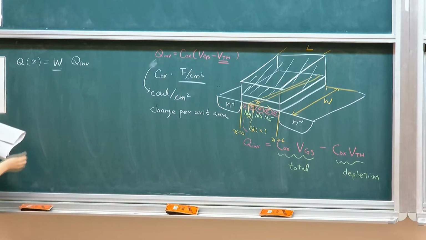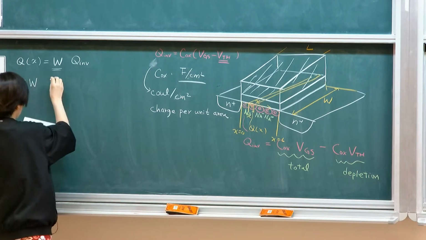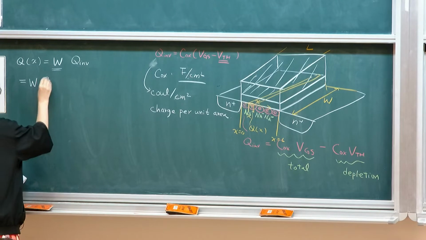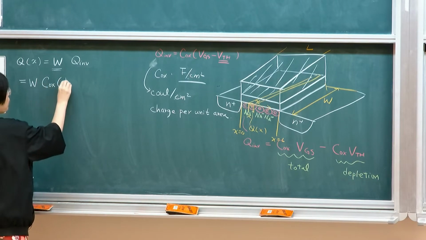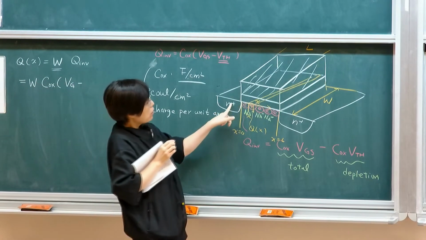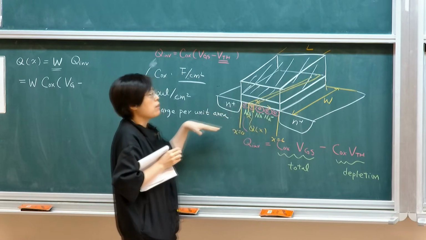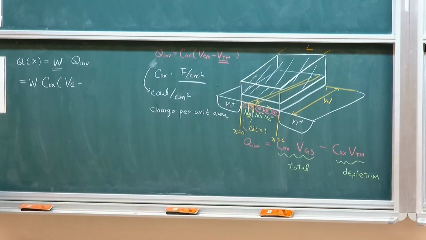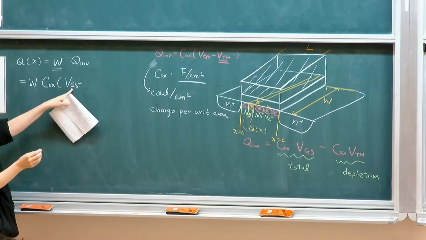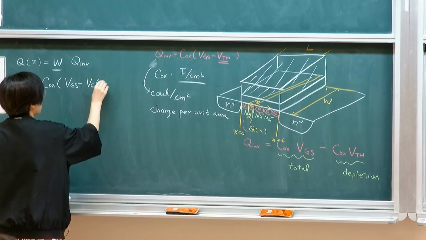And this can be rewritten as W times Q. Because Q inversion may not be uniform, you need to consider Cox times VG minus, rather than VGS, because VGS refers to when source and body potentials are all the same. But now we're referring to the channel itself, so it should be, let's say VGS, I'm still using VGS, minus the channel potential, minus VTH.